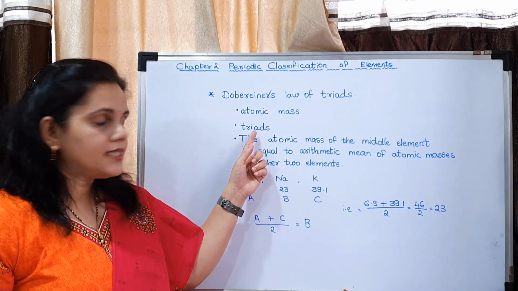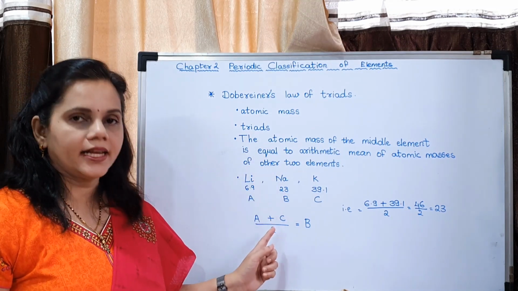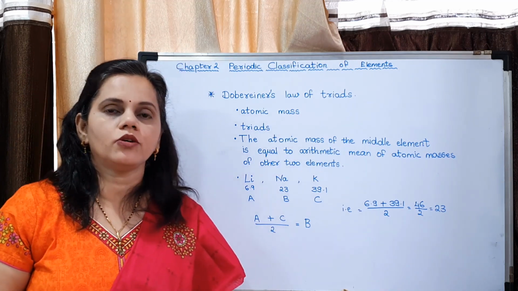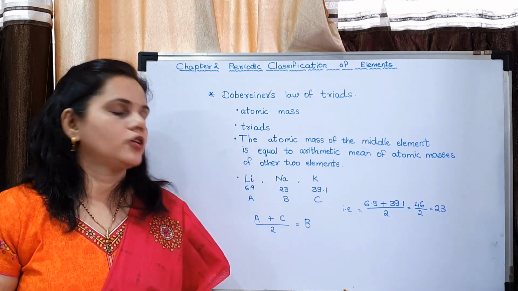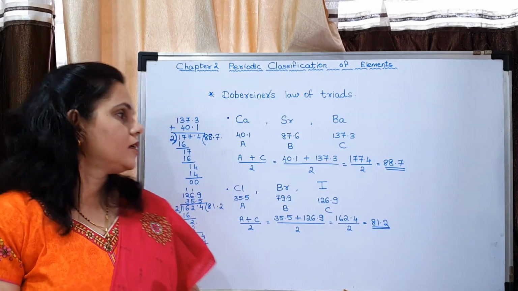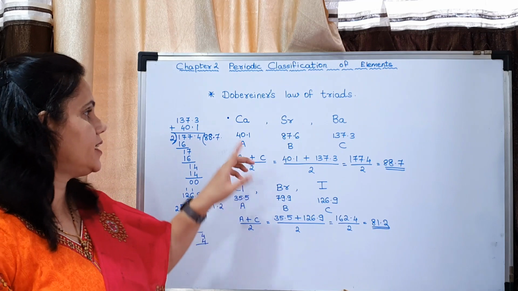What are triads? What is the law? And examples. In the textbook, they have given 3 examples. 3 triads were made, so 3 examples are there. I will show you the next 2 examples of Dobereiner's law of triads.